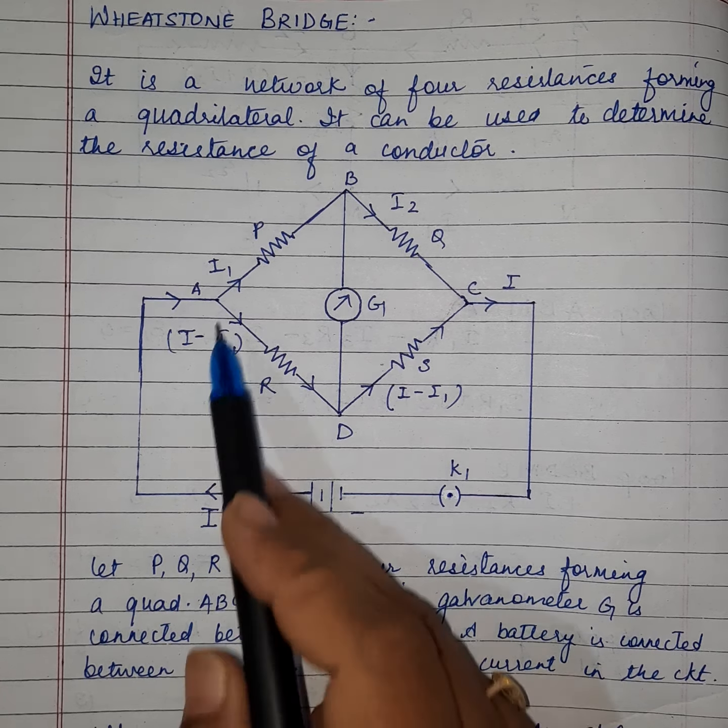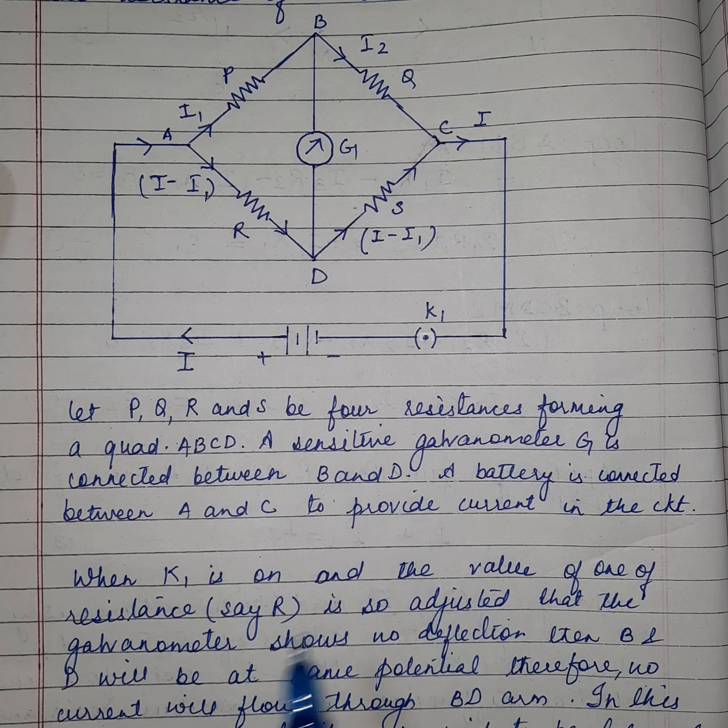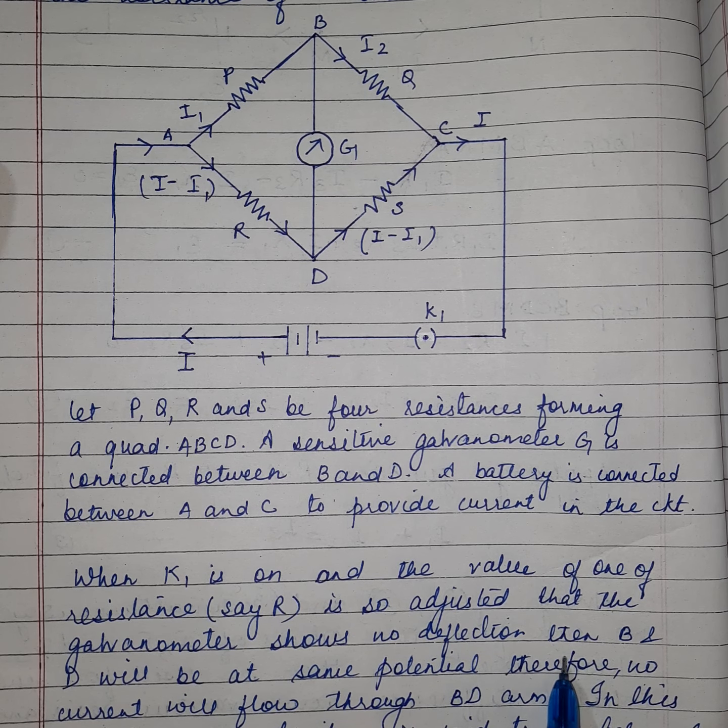Now, when the key is closed, or we can say when the switch is on, the value of one of the resistances, say suppose a resistance R, is so adjusted that the galvanometer shows no deflection.